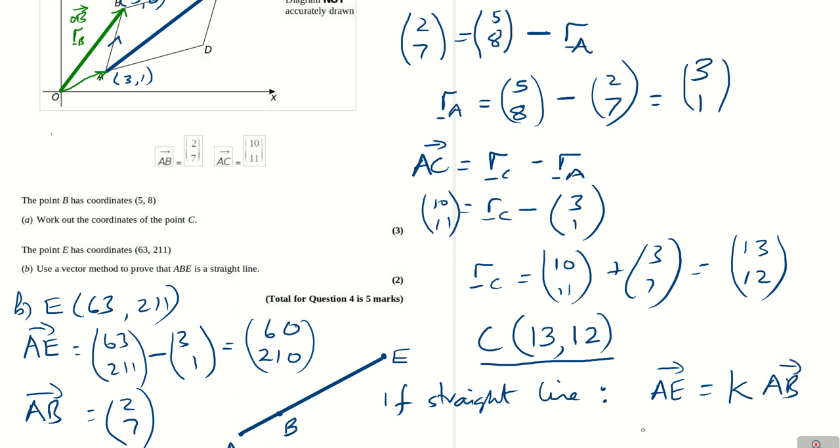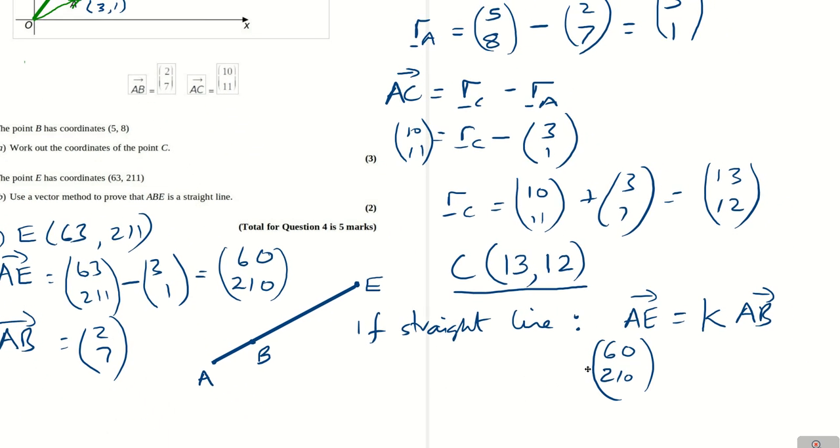But we know the vector AE is (60, 210), and the vector AB is (2, 7). And 2 goes into 60 30 times, but 7 goes into 210 also 30 times. They both go 30 times. So that tells us we can write vector AE as a scalar multiple of the vector AB.